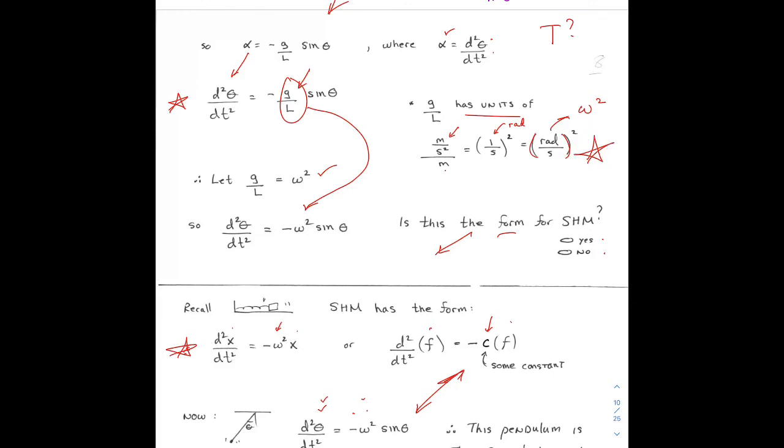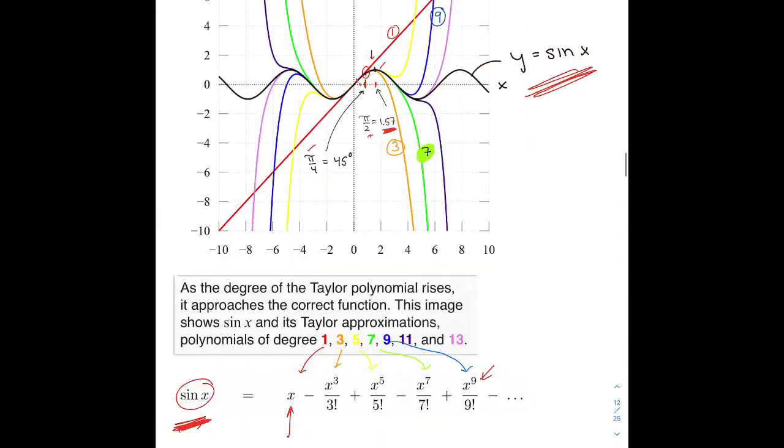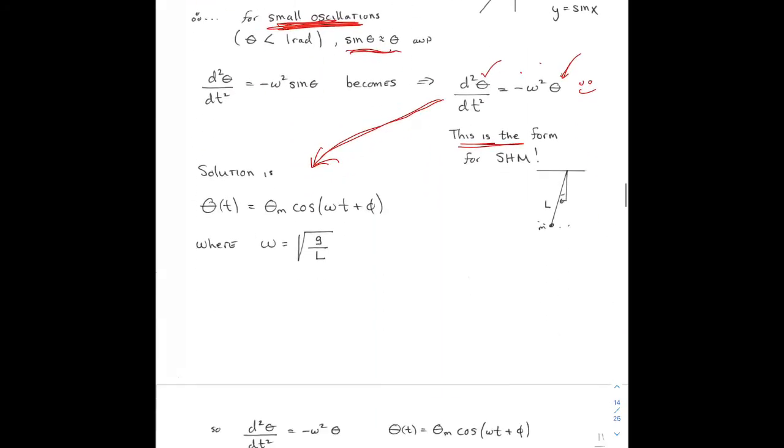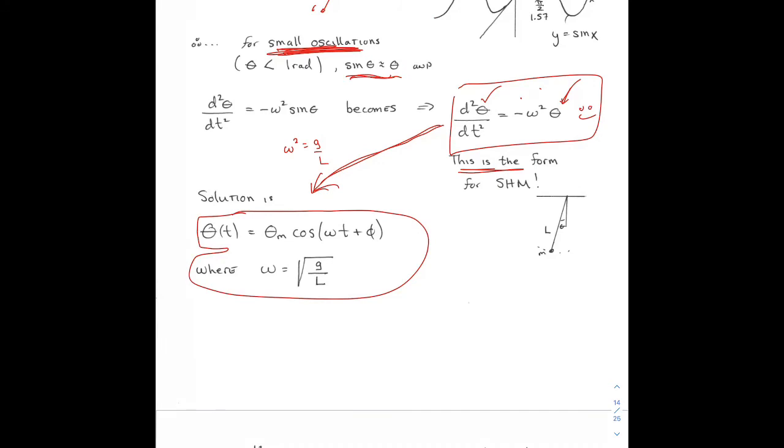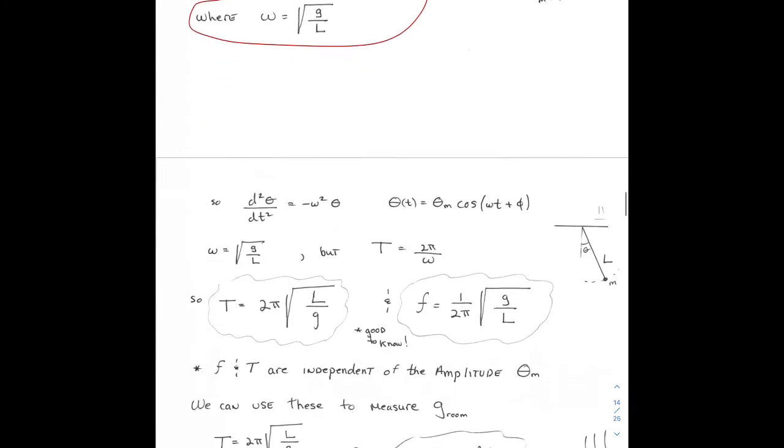So omega squared is g over L. Down here, that box says this is the solution, but you have to remember omega squared was g over L, so omega is the square root of g over L. So for small angles, the simple pendulum is a simple harmonic oscillator.